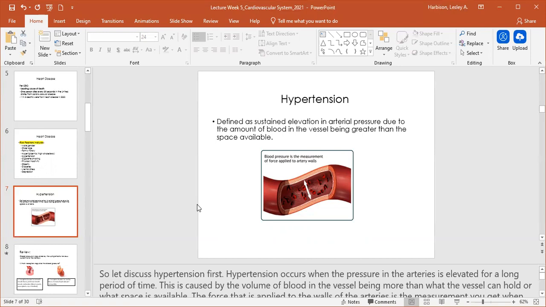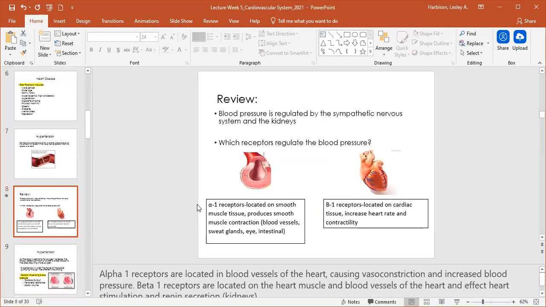When you start to fill up a water balloon, the edges of the balloon get tighter and tighter, and the more water that you put into a water balloon, the tighter it is until it's really pushing against the water balloon and it's really, really firm. And that's what's happening in our blood vessels: the volume of blood is pushing against the arterial walls, and it's a sustained pressure against those arterial walls.